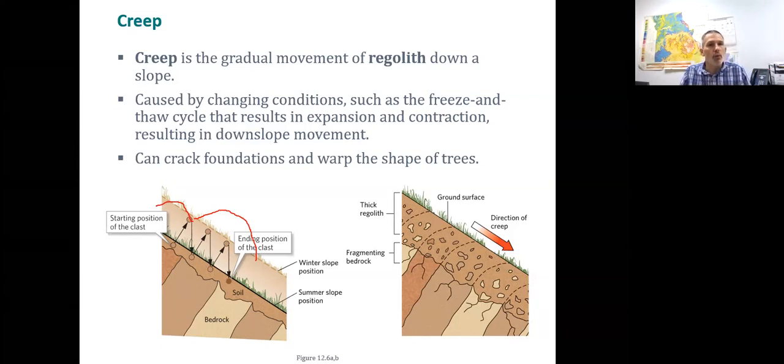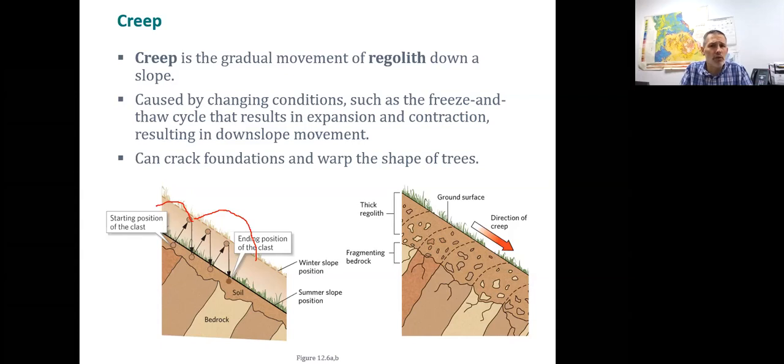So if you had a heavy rain, more material is going to get pushed down compared to being tossed back up. So again, multiple rains can cause some of this soil to move down. But again, it's much more effective when we start looking at this freezing and thawing sequence.